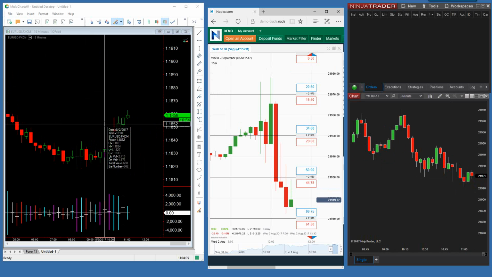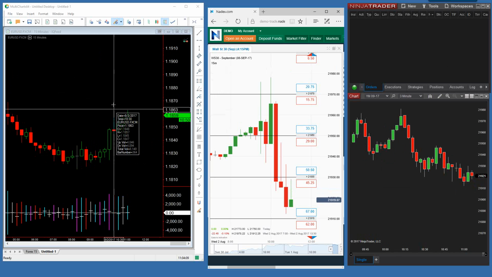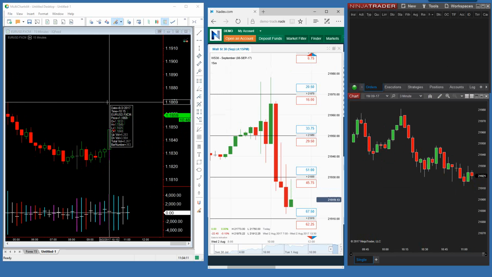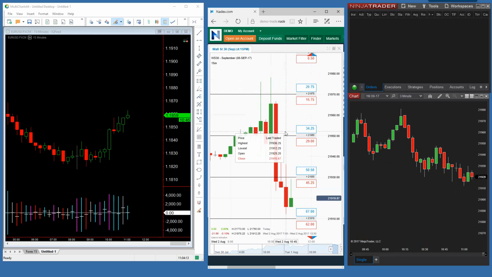So what you would have to do is pretty similar to what I have right now. I have a chart open in the trading platform, and I also have a chart open in Nadex. This way I can watch the underlying and still place a trade on Nadex.